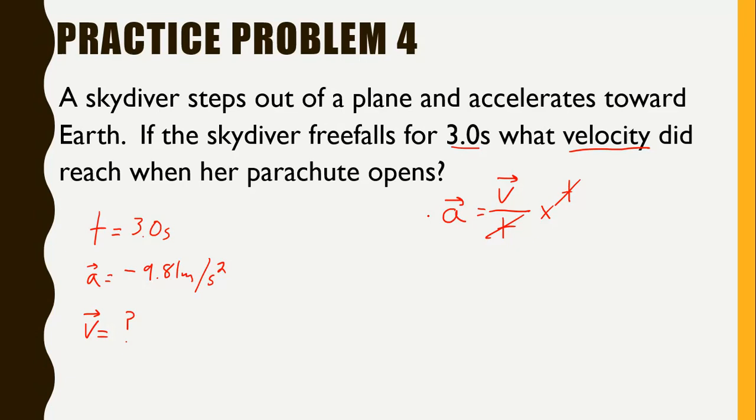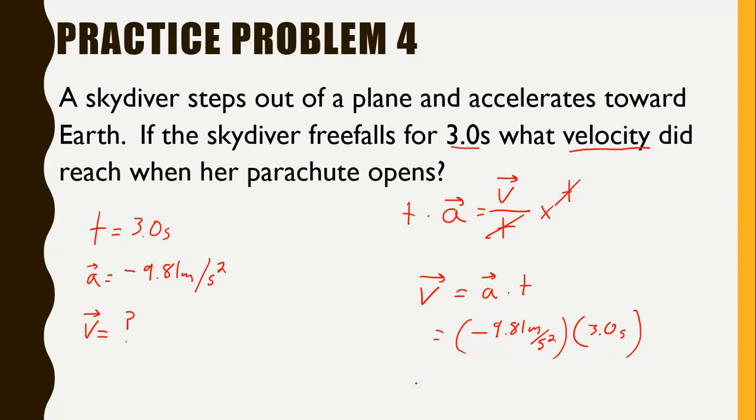What I do to one side, I have to do to the other. So velocity is equal to acceleration due to gravity times time. Acceleration due to gravity is always negative 9.81 meters per second squared. And time in free fall is 3.0 seconds.